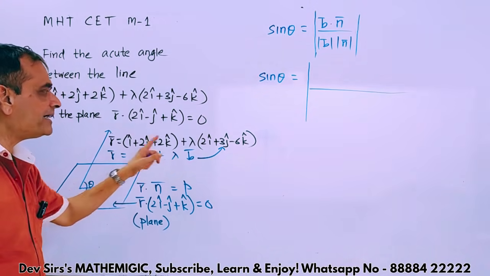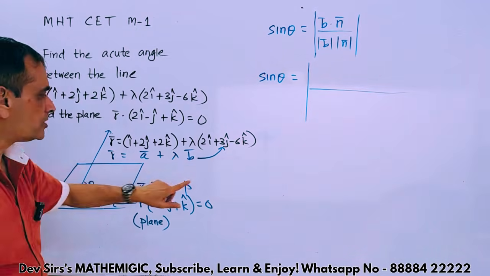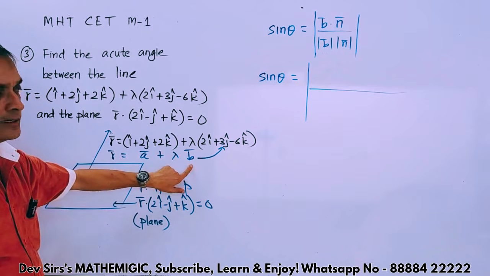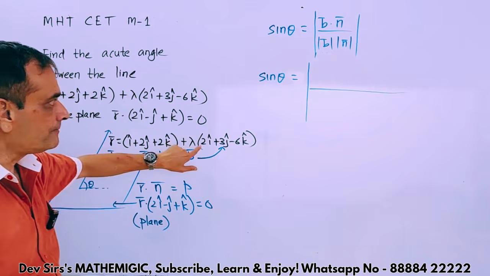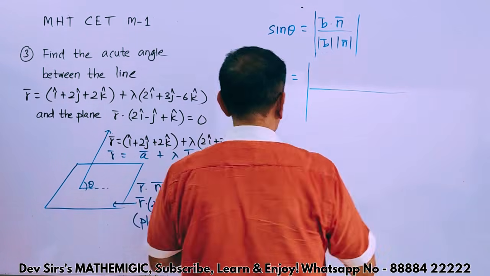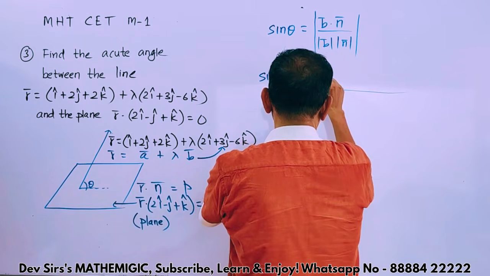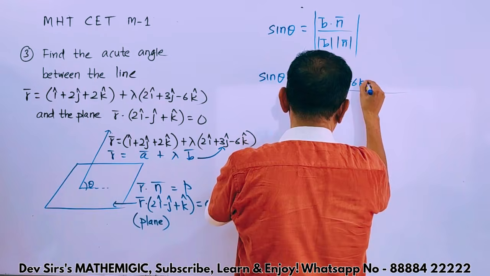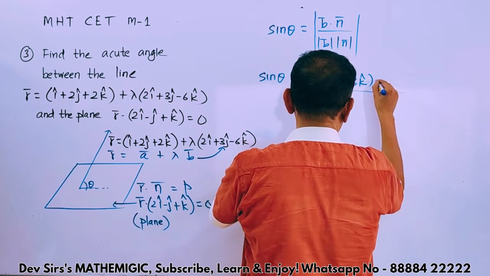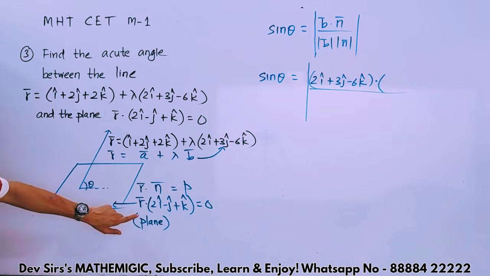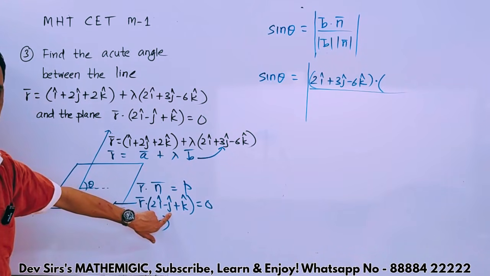Second bracket of the line, equation of the line is quite big because it is of the form r bar is equal to a bar plus lambda b bar. So this represents b bar, 2i plus 3j minus 6k. Okay. dot n bar is the bracket on the left hand side.